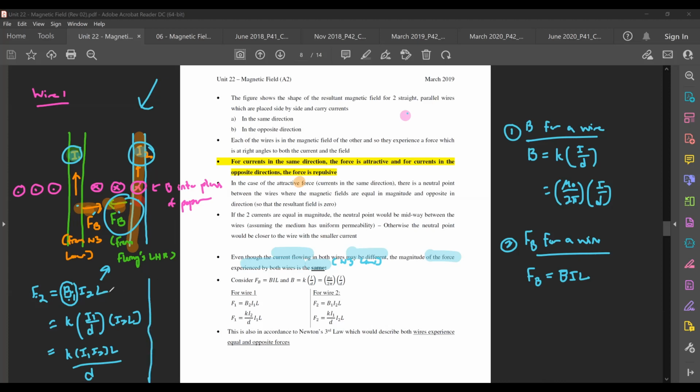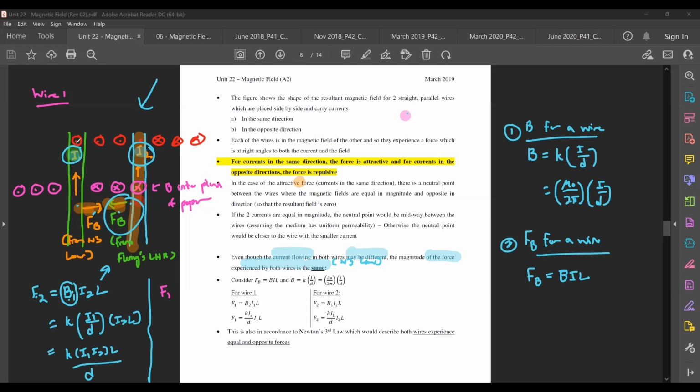Now I can also do the same analysis for wire 1. Wire 2 will also produce its own magnetic field. If I use the right hand grip rule on wire 2 alone, the magnetic field is going out of the plane of the paper for the left side, and into the plane of the paper for the right side.